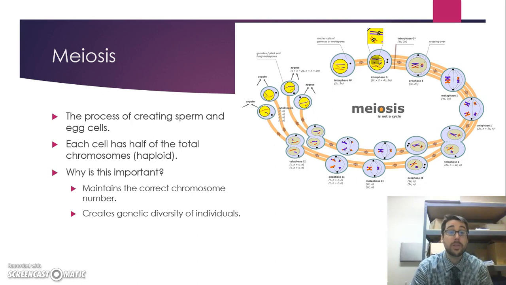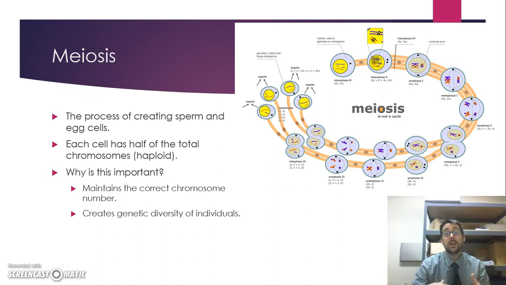So the big thing about meiosis is as you are replicating your DNA, replicating your chromosomes, you eventually separate those chromosomes into separate cells, and then you divide again. So essentially you're dividing twice. You're going through the stages of meiosis twice, which gives you different numbers of chromosomes.